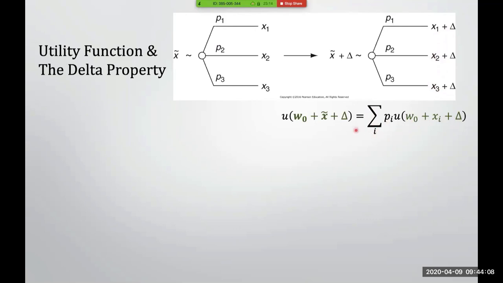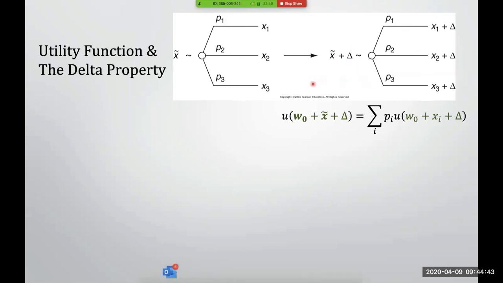So to expand this out, it would just be P1 times U of W0 plus X1 plus delta, plus P2 times U of W0 plus X2 plus delta, plus P3 times U of W0 plus X3 plus delta. Okay, so this equal sign is over here, the equivalent relationship. So this equation represents the relationship that we're seeing over here.